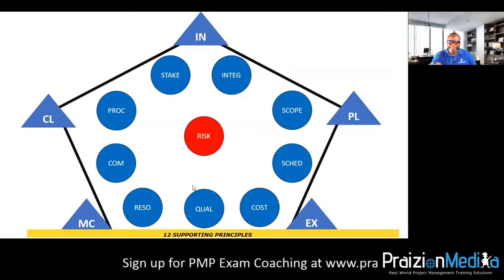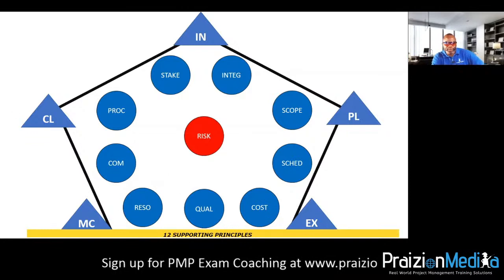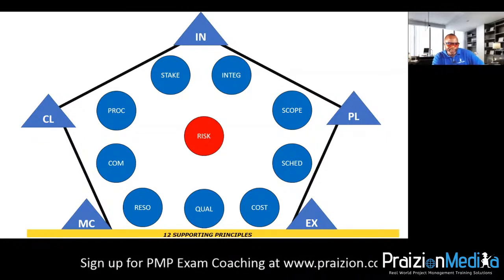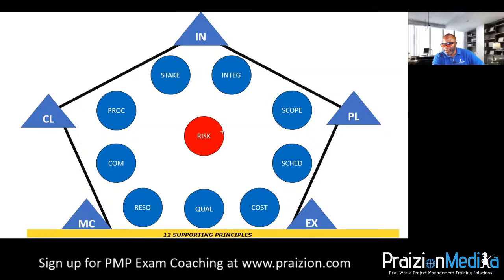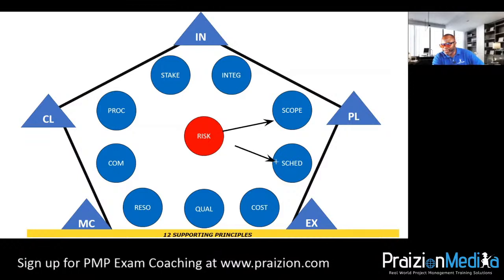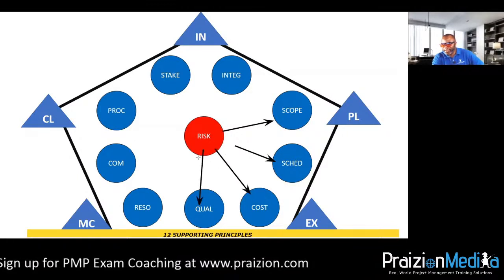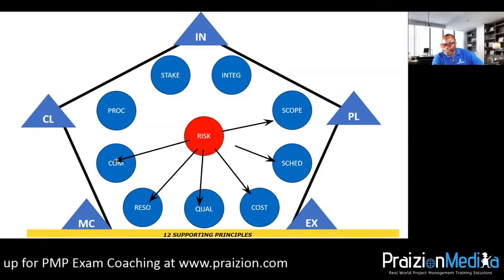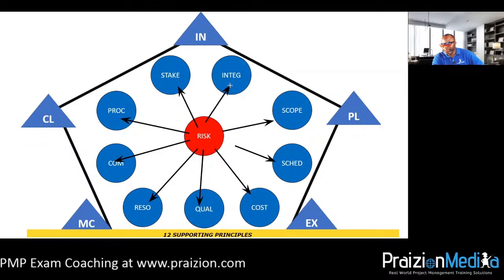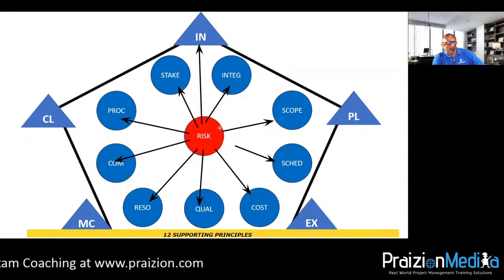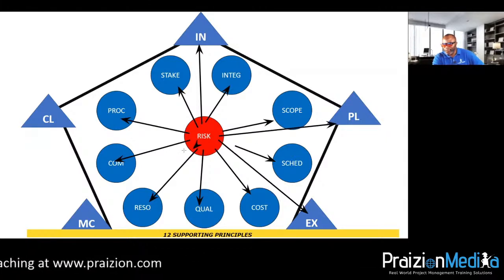They're not going away. Now, someone might say, why did I put risk in the middle? I put risk in the middle because all of these have some risk element. You could have scope risk, schedule risk, cost risk, quality risk, resource risk, communications risk, procurement risk, stakeholder related risk, and integration risk. And that's why it's right there. You could have risks surrounding initiating, risks in your planning, risks in your executing, risks in your monitoring and controlling, and risks in your closing.